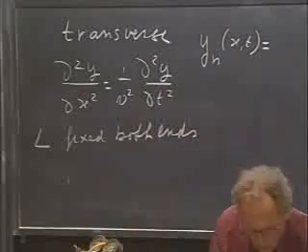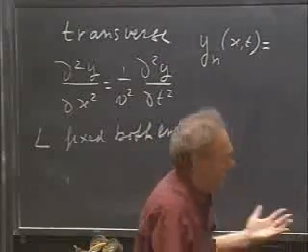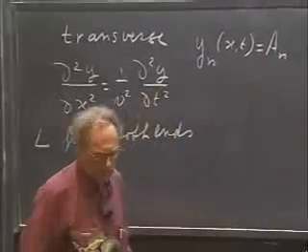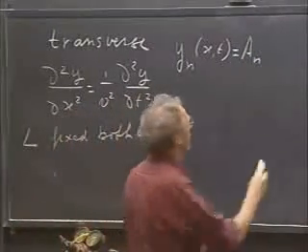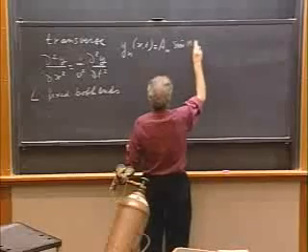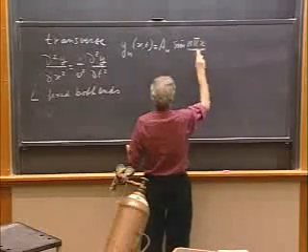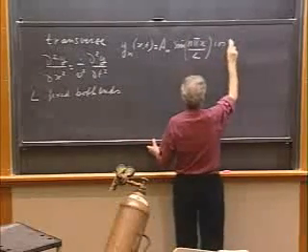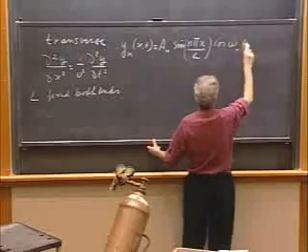We give the amplitude of the nth mode a value that can differ from mode to mode. So we get A_n, times the sine of n pi x divided by L, and then the cosine of omega_n times t.